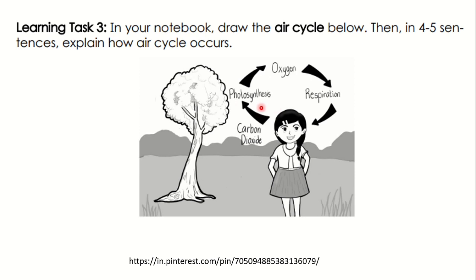So as you can see, this is a continuous process, meaning if you started your sentence with oxygen is used in respiration and humans give off carbon dioxide which is used in photosynthesis, that is okay since it is a cycle. It is an unending process.